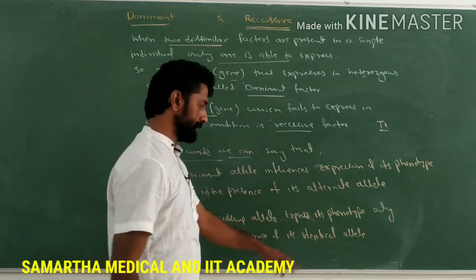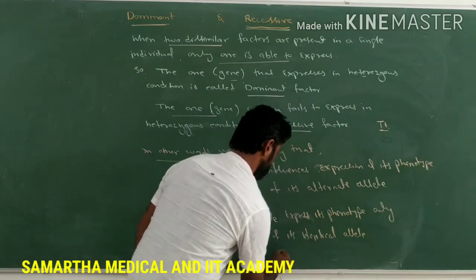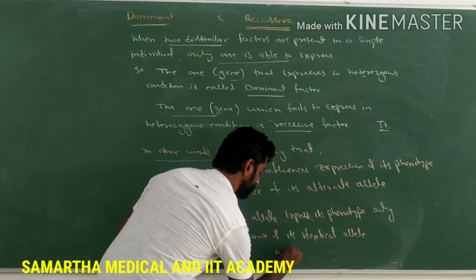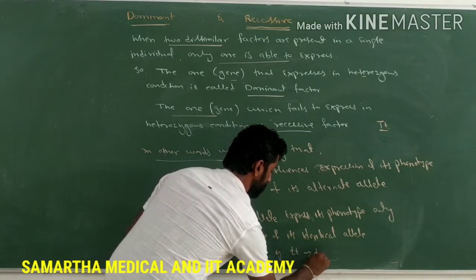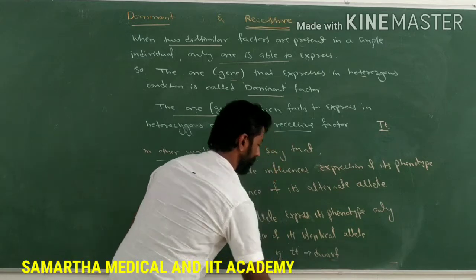See here, what example you can see? That is small t and small t, it gets expressed as a dwarf plant.